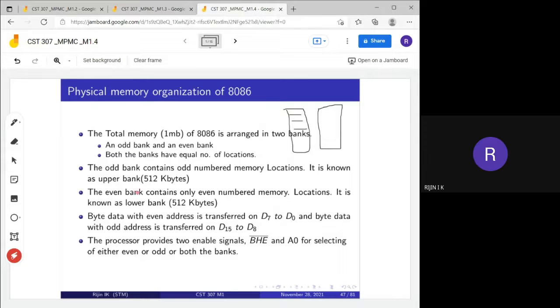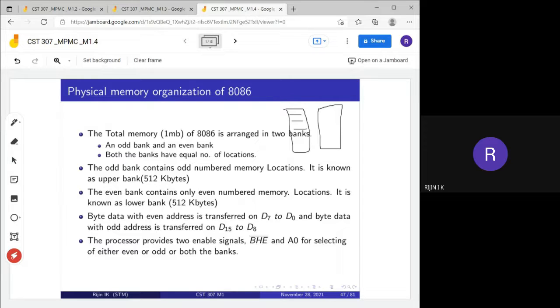The even bank contains only even numbered memory locations. Each is of size 512 kilobytes.